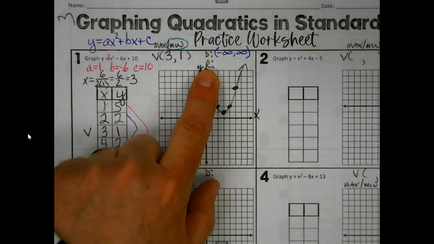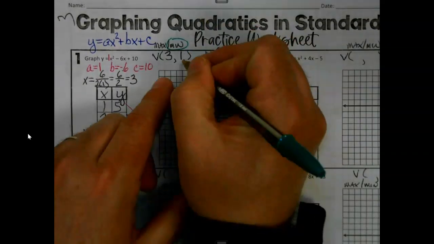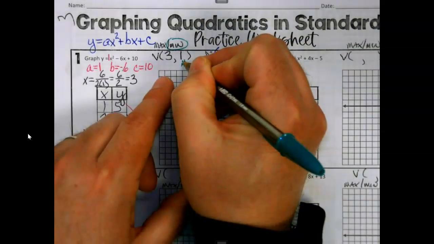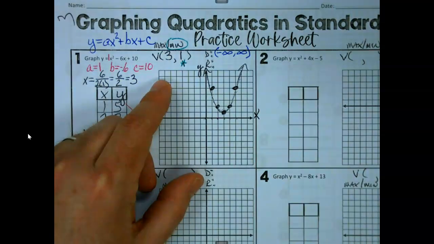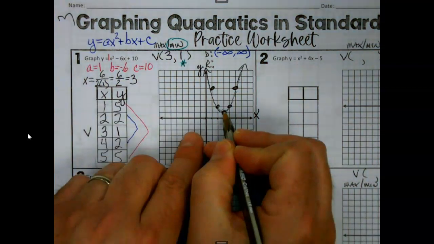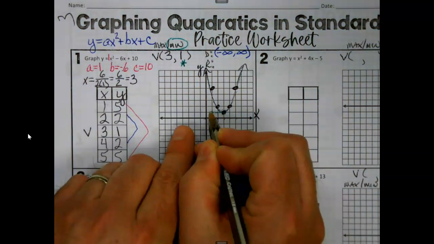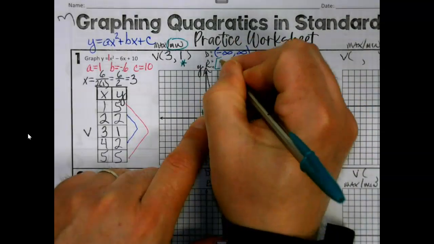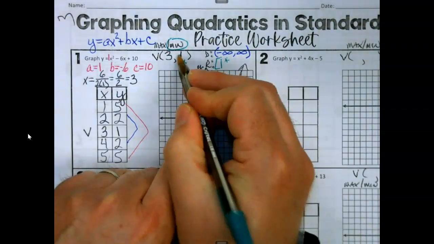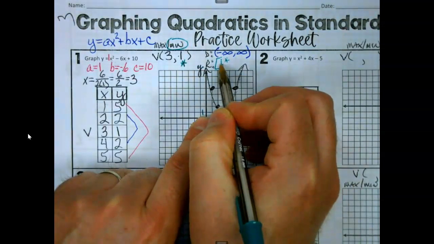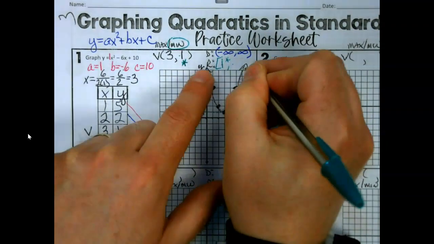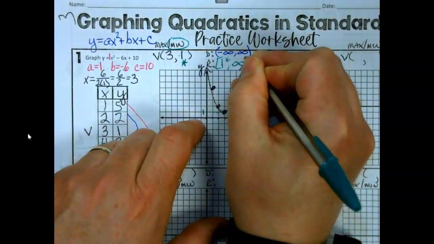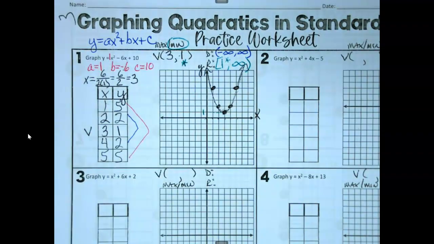My range, I'm going to steal from my vertex. Because if I take the bottom of my y's and I follow it back to the y-axis, it's at 1. So this number and this number will always match. Lots of pattern stuff. And then it goes up forever. So I get my infinity.